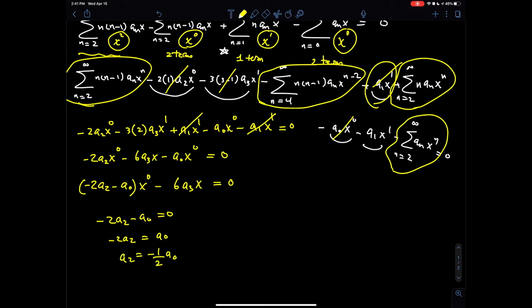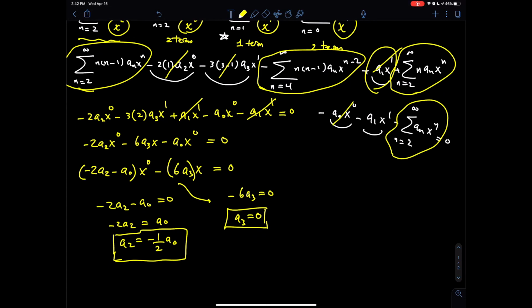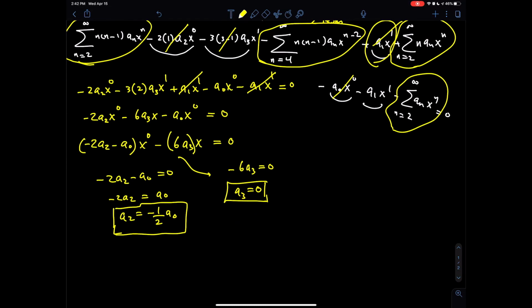And from here, negative 6a3 is equal to 0, because that's the coefficient of x, and the only way it could be 0 is for the coefficient to be 0. So that just means that a3 is equal to 0. Alright, so I have my a2, which is equal to minus 1/2 a naught, and then I have a3, which is 0.